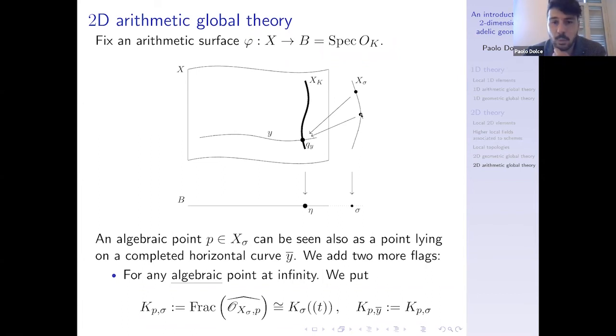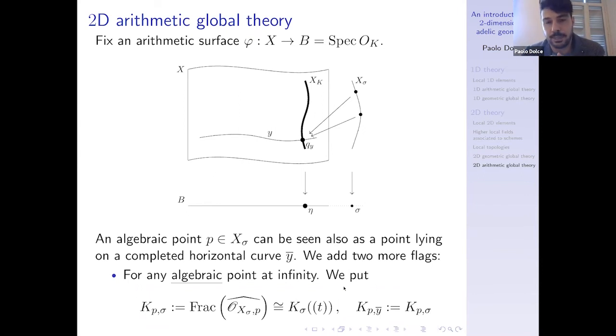It is when a point lies on a horizontal curve. By flag I mean the point at infinity lying on a horizontal curve, so this point lying on Y. In this case, we have this K_P completed Y that will be exactly another copy of this field.